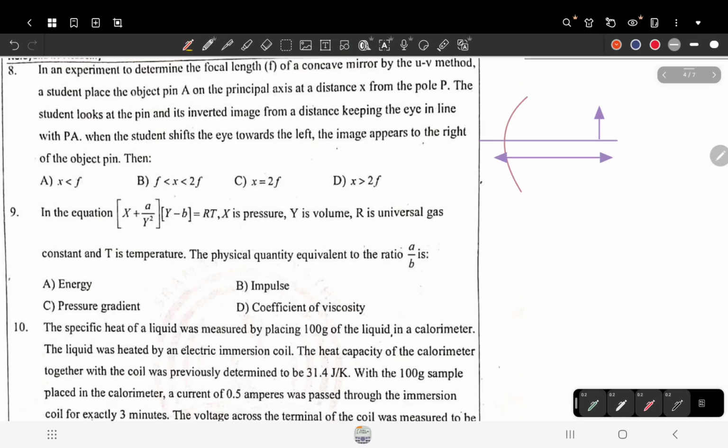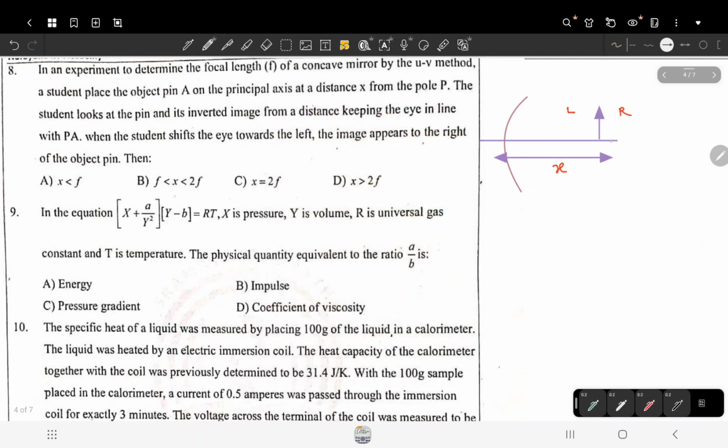We don't know what the distance is. Now if you look at the object, the image is inverted and it is on the right side. Now if he was looking, the image is forming on the right side, so let me draw the image.